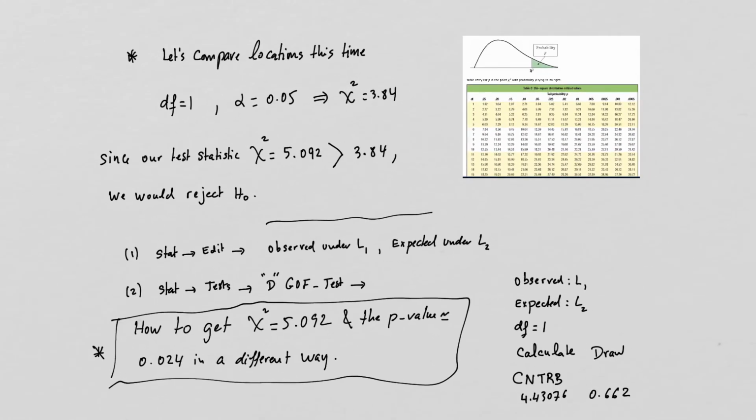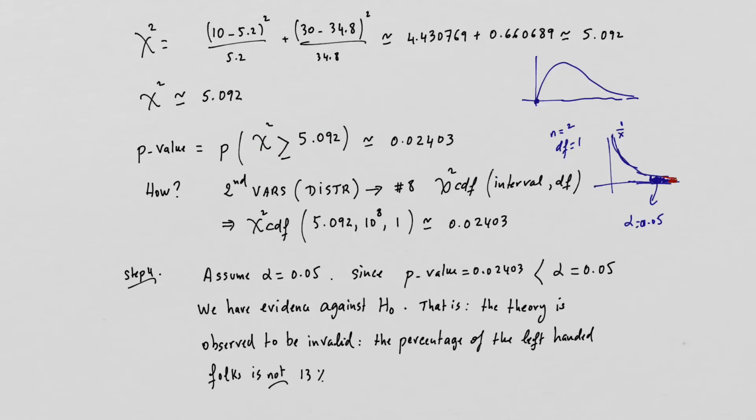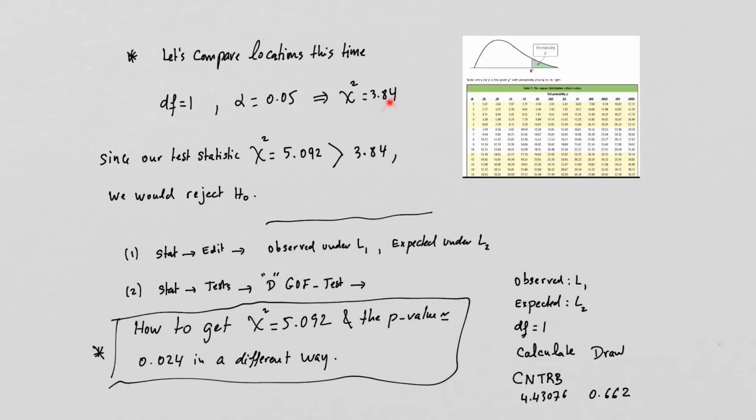Okay, so since my cutoff is 3.84, and my chi-squared was found to be 5.092 earlier, I don't have to find a p-value at all. I could just compare this location to this location. Now, this location is definitely bigger.